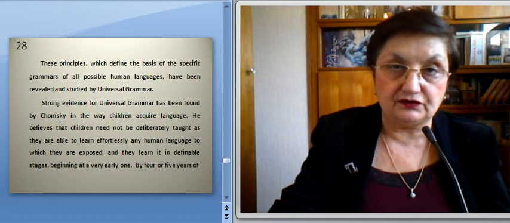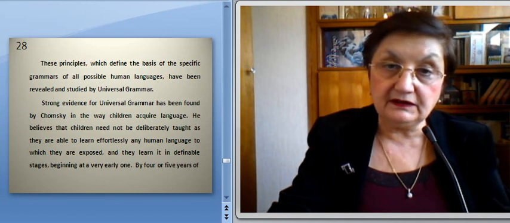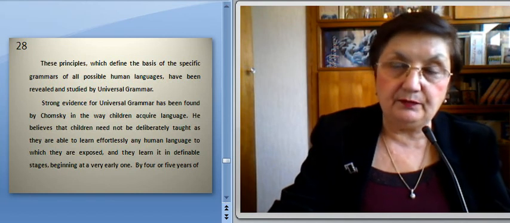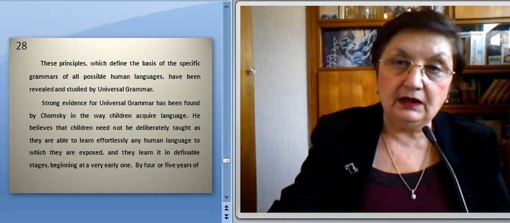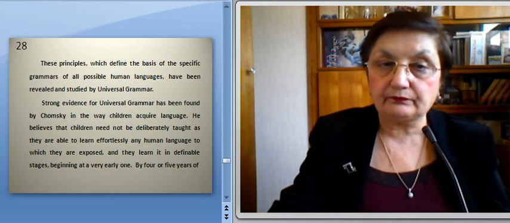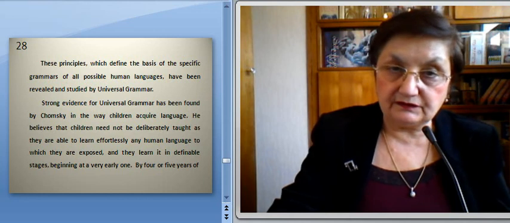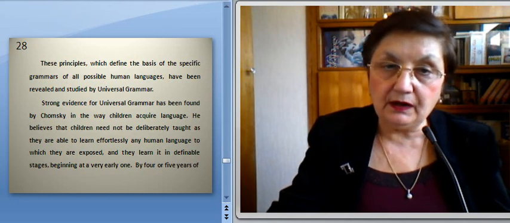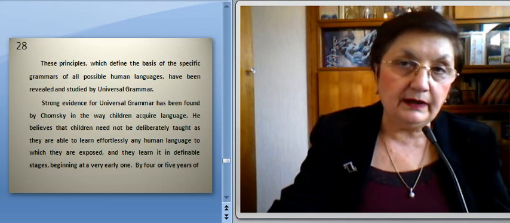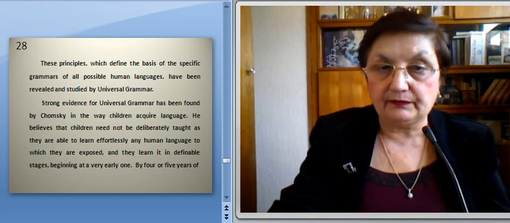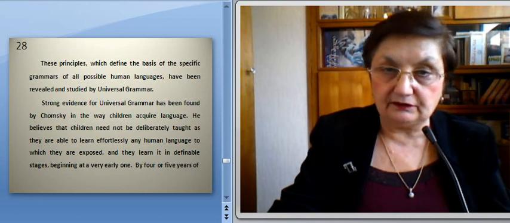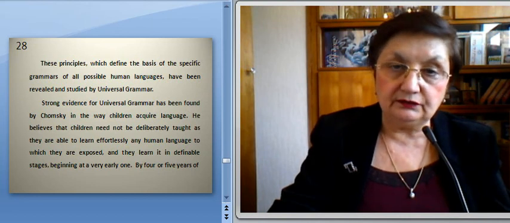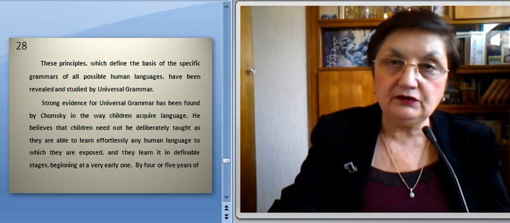Strong evidence for universal grammar has been found by Chomsky in the way children acquire language. He believes that children need not be deliberately taught, as they are able to learn effortlessly any human language to which they are exposed, and they learn it in definable stages beginning at a very early one. By 4 or 5 years of age, children have acquired nearly the entire adult grammar.